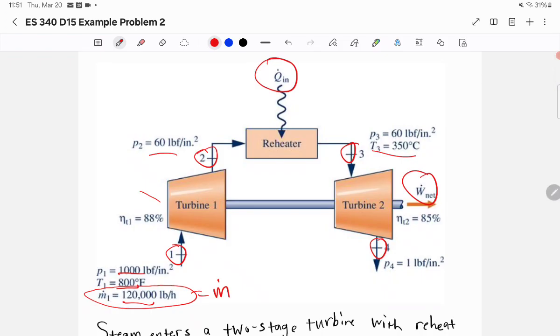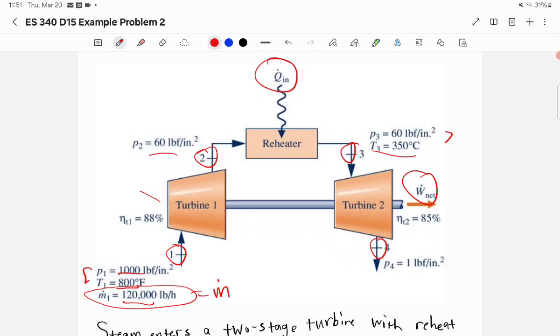Remember, for the purposes of this course, we always need 2 properties on the tables, with the exception of the ideal gas tables. So we need 2 properties, P1 and T1. That's going to be at state 1. This is at 3, excuse me. So we know 1 and 3.